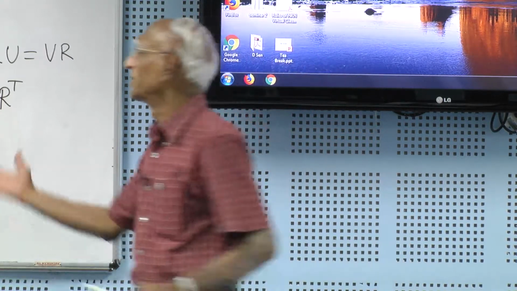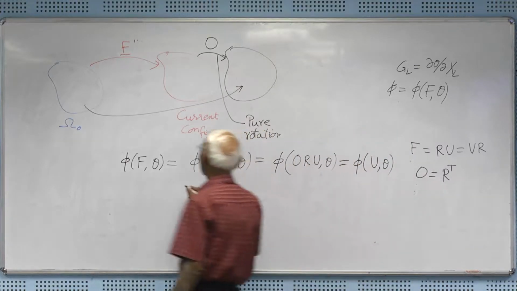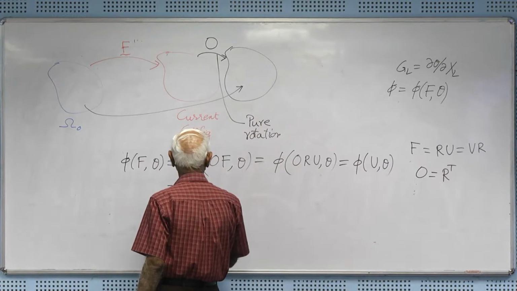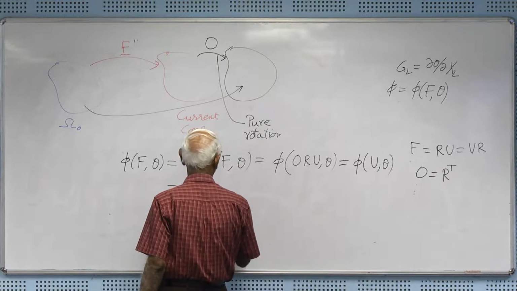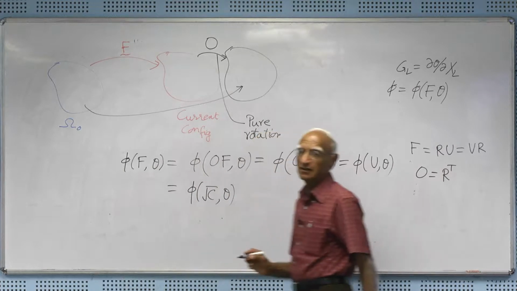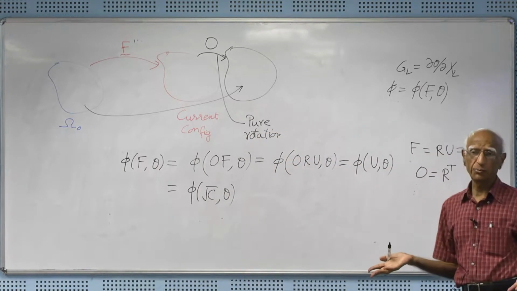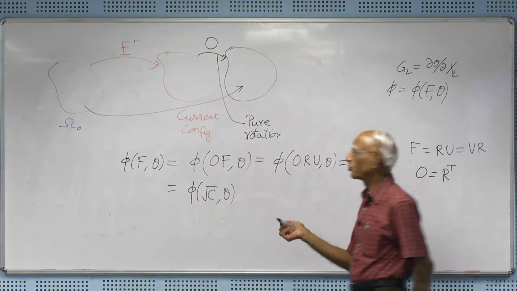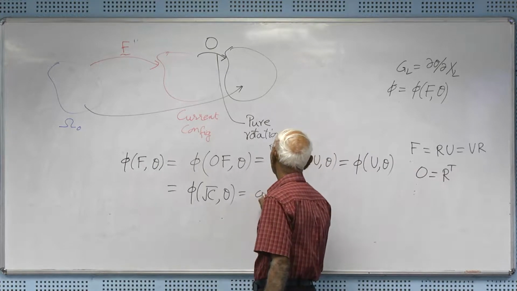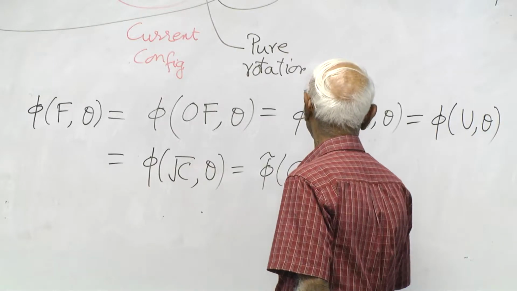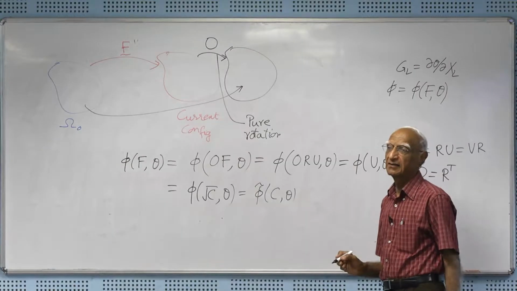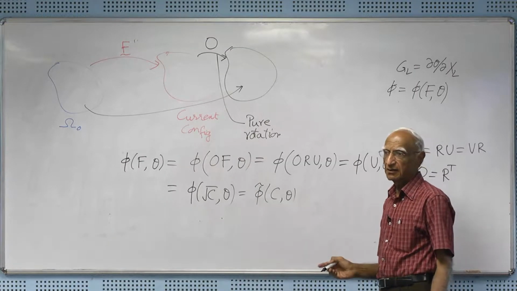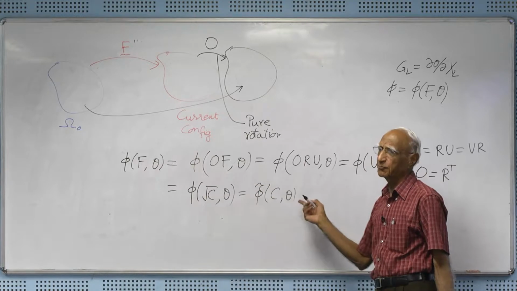If you like, you can write U as square root of C, because we said yesterday C is equal to U squared. So U is square root of C, so it is a different function of C. Because this is the square root, I did not put the square root now.